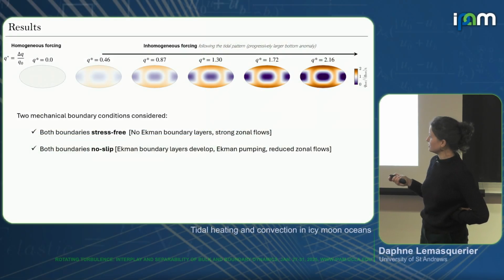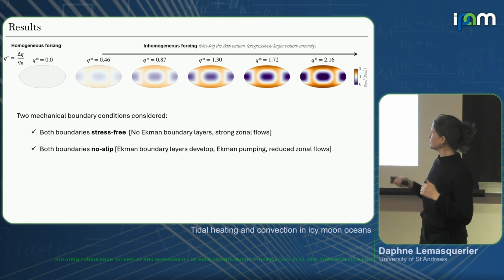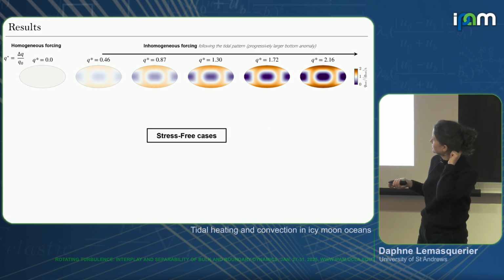So we might have an increased effect of Ekman boundary layers in these simulations. And because we want to see the effect of the boundary heterogeneity, you can guess that the boundary condition could have a strong impact. So that's another uncertainty in this system. What type of mechanical boundary condition should we use? You're going to see it has a huge impact.